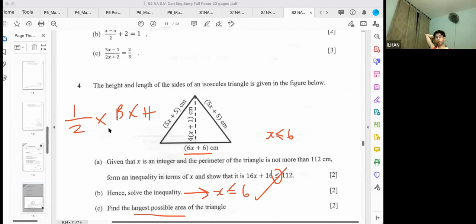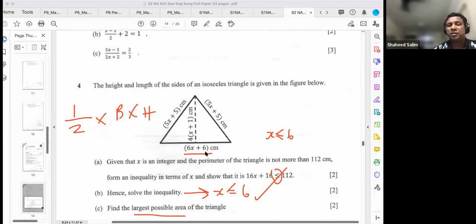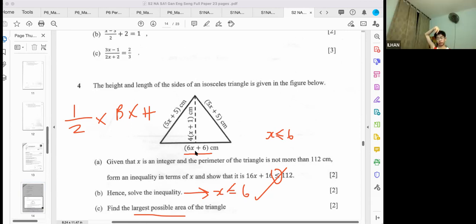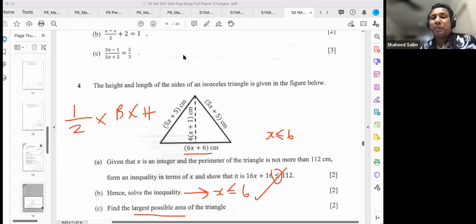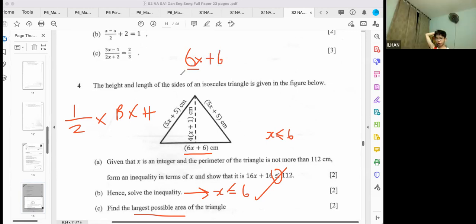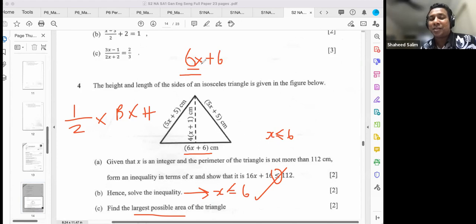Then you tell me the right one. Base is how much? 6x plus 6. Substitute the value for x. 6x is 6 times x, right? 6 times 6, then plus 6. Put in the value of x.